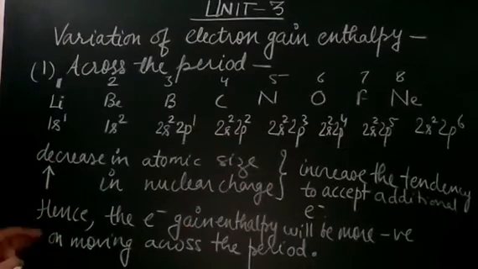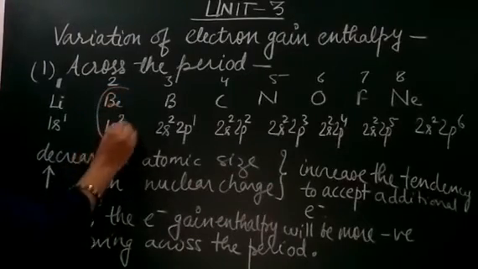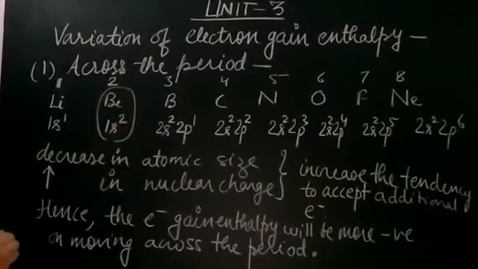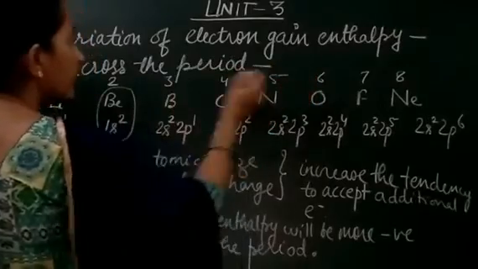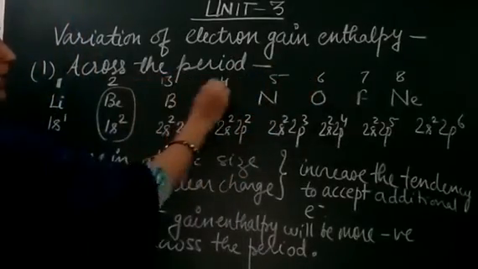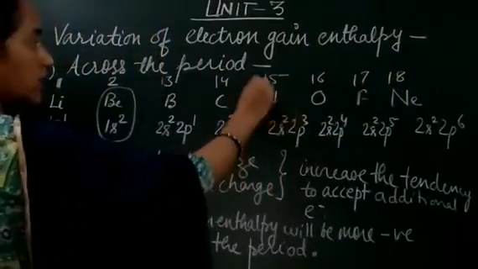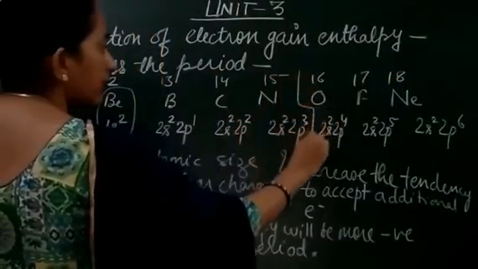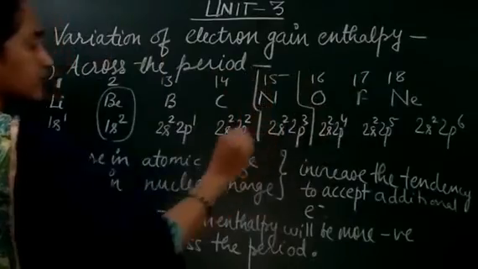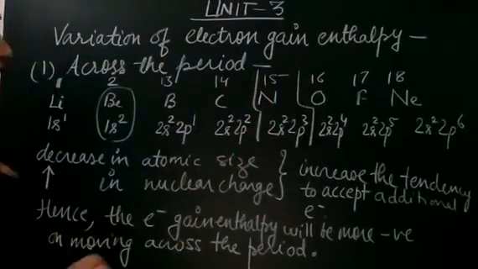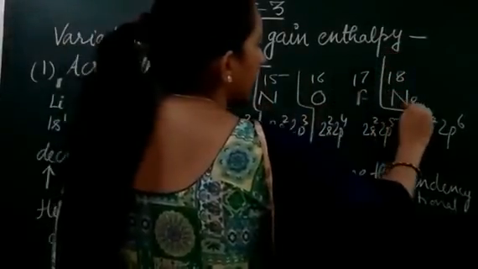Now, there is an exception here. Beryllium, that is the group 2 elements, and group 15, okay, just correcting here, it is group 13, group 14, 15, 16, 17 and 18 here. So this group 15 elements, and the group 18 elements.